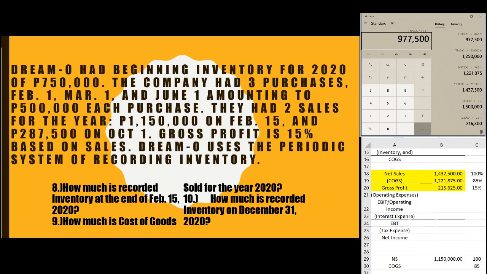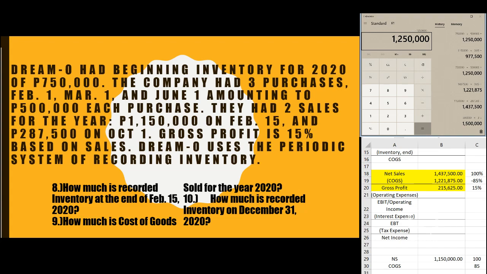Okay? So, guys, kung ang itatanong is, how much is recorded inventory at the end of Feb 15 using the perpetual? Kasi pag si perpetual, palaging updated yon, always updated. So, 977,500 yun yung nabenta. Muna tayo sa 0. 750 yung beginning. Plus, may binili tayo nung na 500,000. Pero, meron tayong binenta na 977,500.